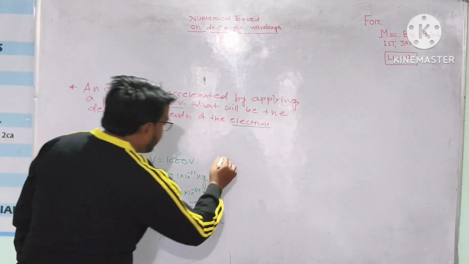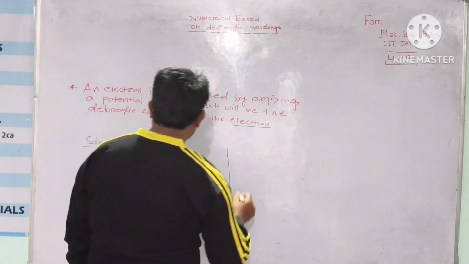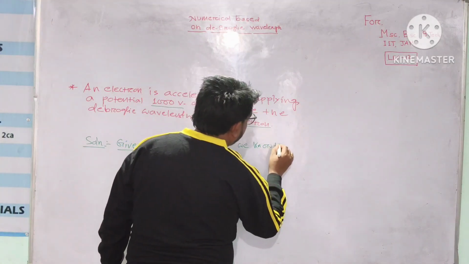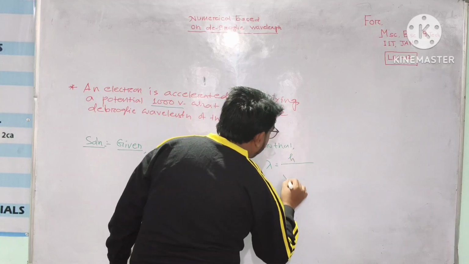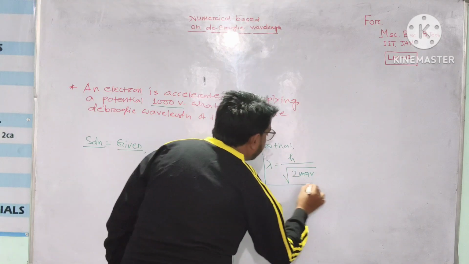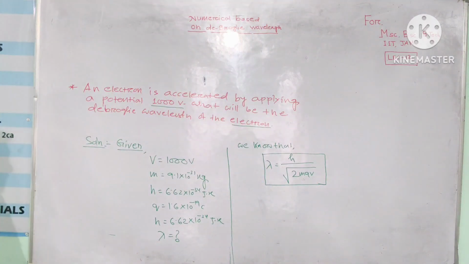Okay, so again we can use the de Broglie wavelength equation. We know that lambda equal h by under root of 2mqV.